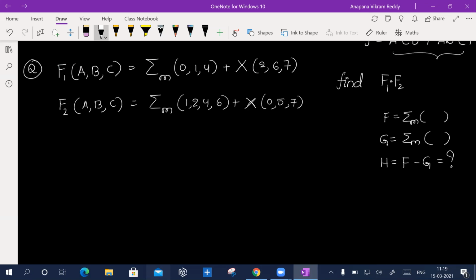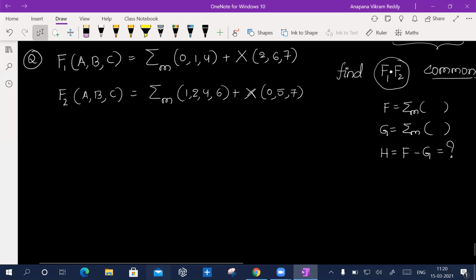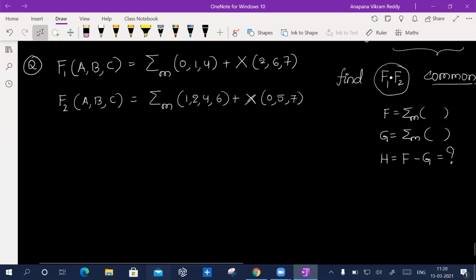Okay, I need to find F1 and F2. Any guesses? Whenever you have F1 and F2, the only thing you have to do is find something in common. You find something in common, then you get the answer. Now I have the sum of minterms for F1 and the sum of minterms for F2.